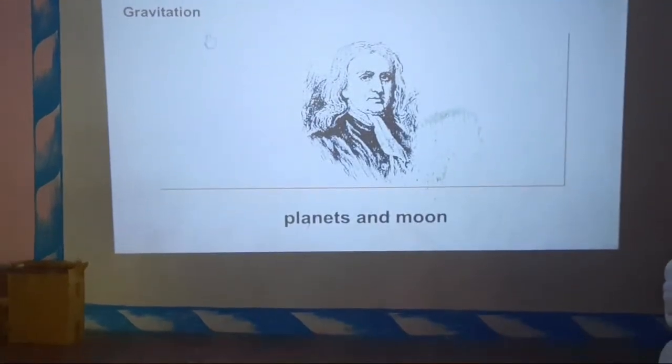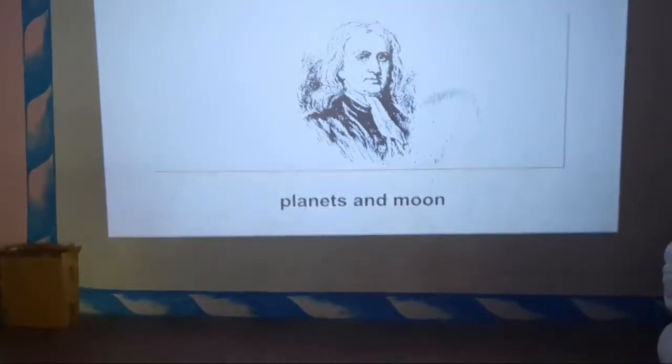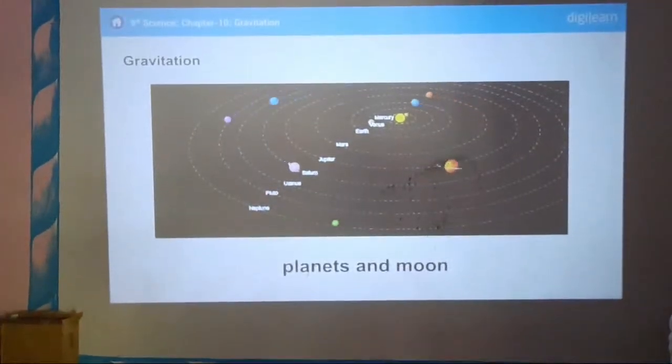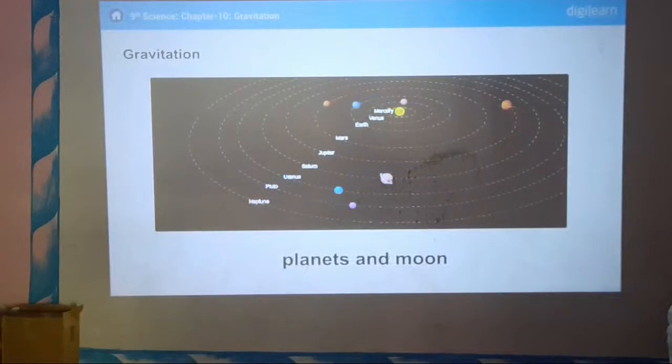Apart from formulating the 3 laws of motion, Sir Isaac Newton examined the motion of the celestial bodies, the planets and the moon. He investigated the nature of force that keeps the moon in a nearly circular orbit around the earth.